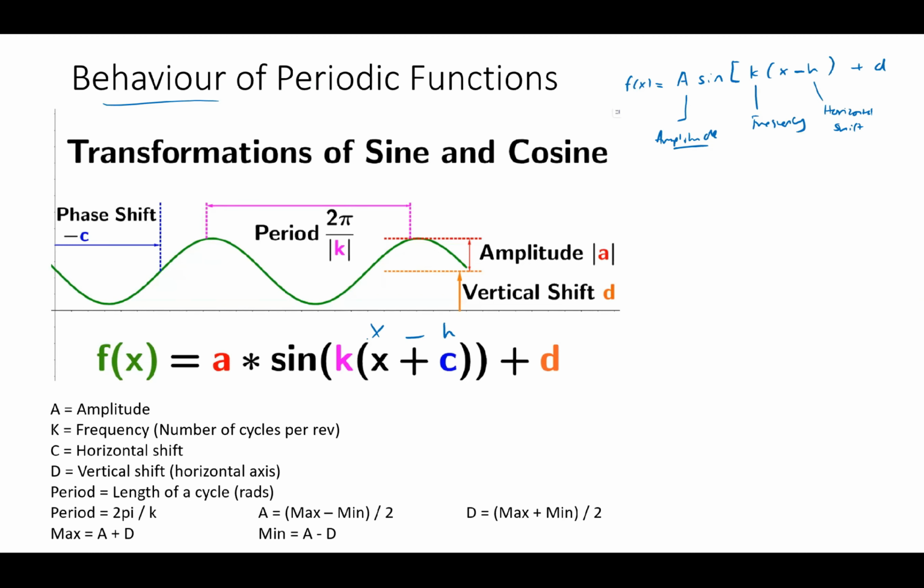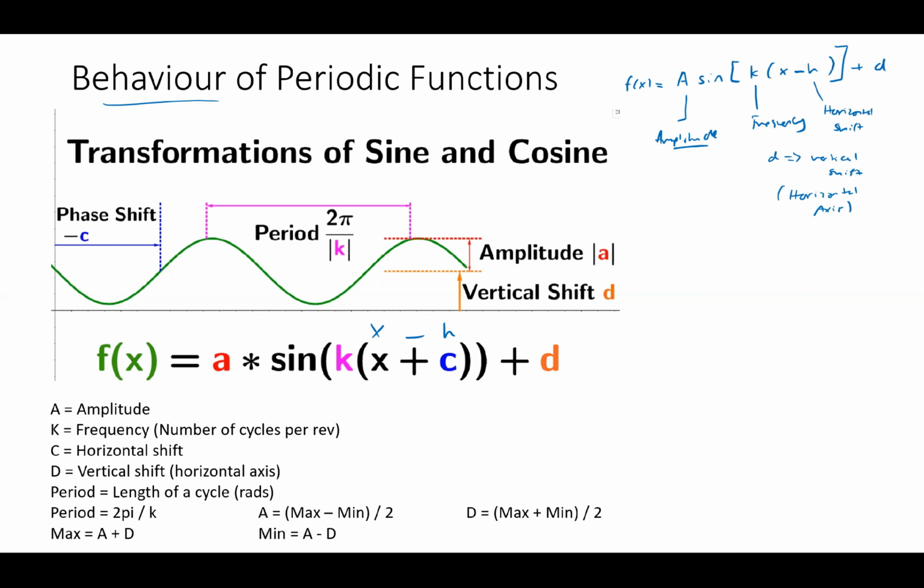It means the same thing, though. And d here is the vertical shift. Now, in terms of behavior, this d value actually represents the horizontal axis. Okay, so the d value is the horizontal axis, guys. Based on this template, we can actually find the general behavior of the graph.